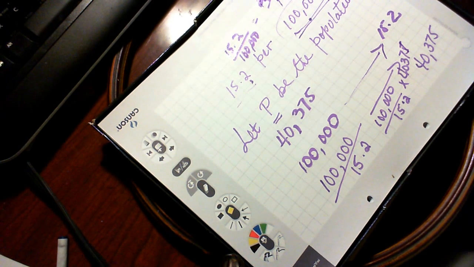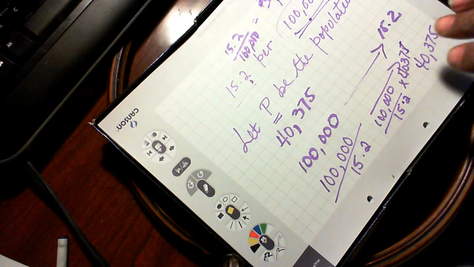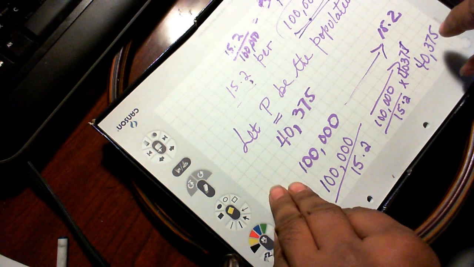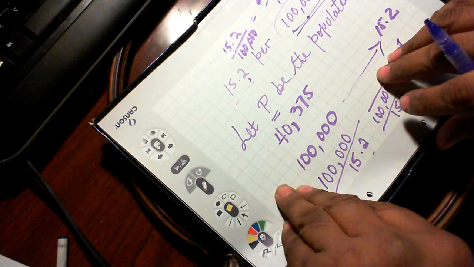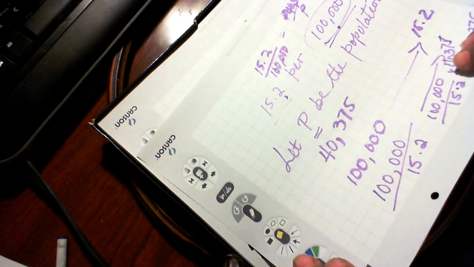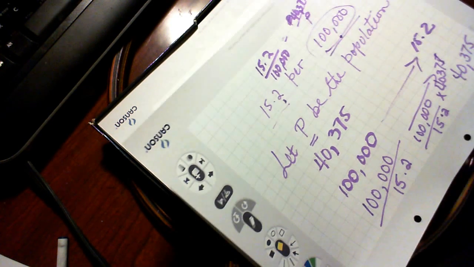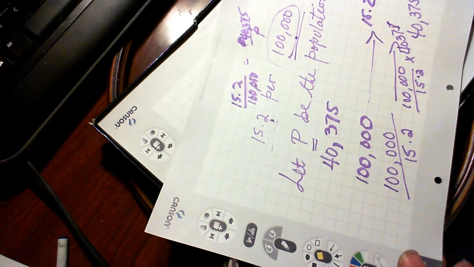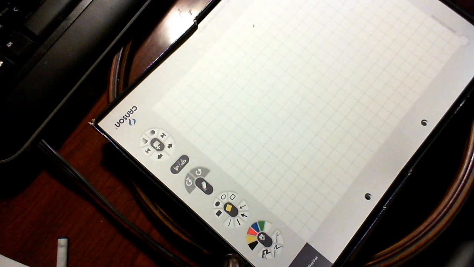And you solve for P. You can do it like that or the way I just did it. So you should be able to do that. I'm not going to keep working it out just in case this shows up on the exam and you'll know the answer without working it out. So I'm going to let you work it out.